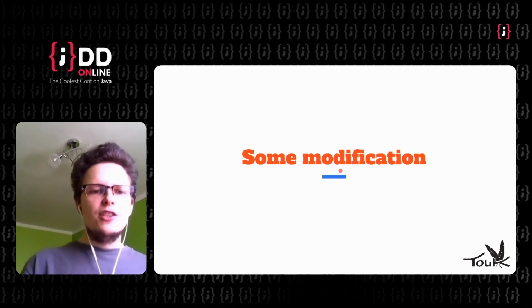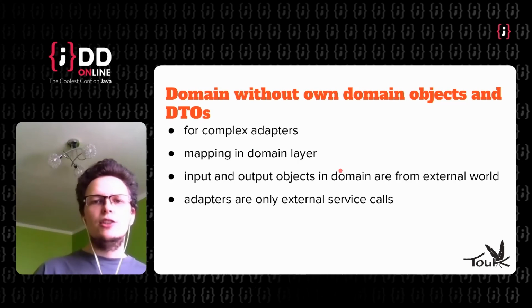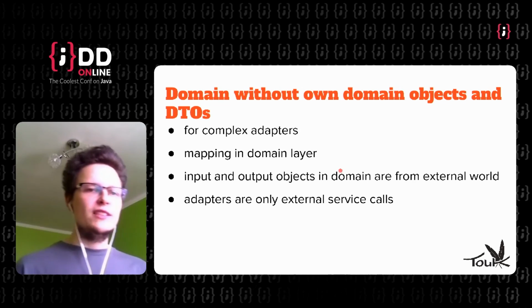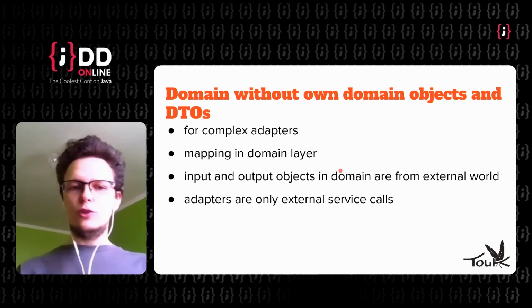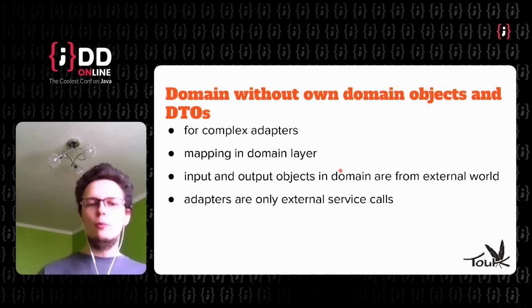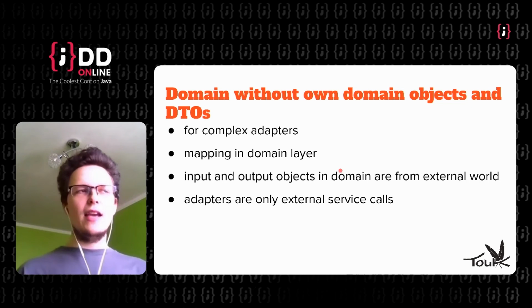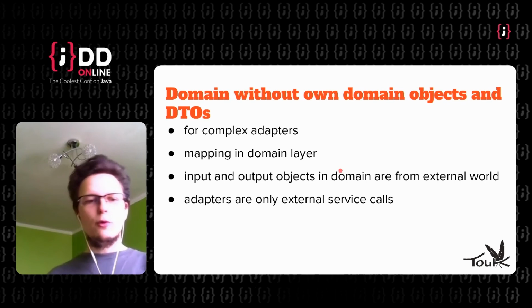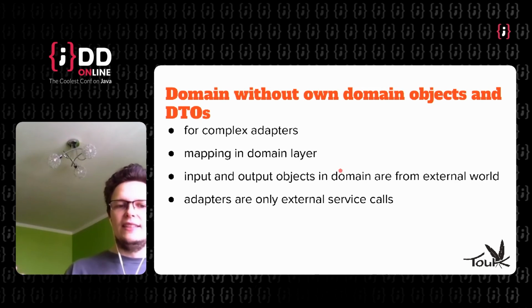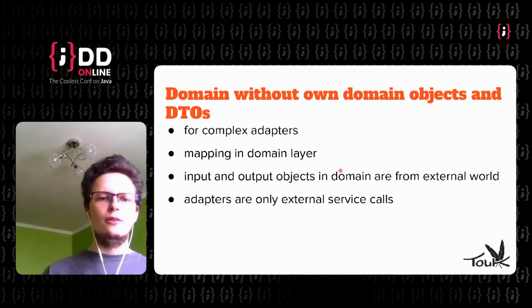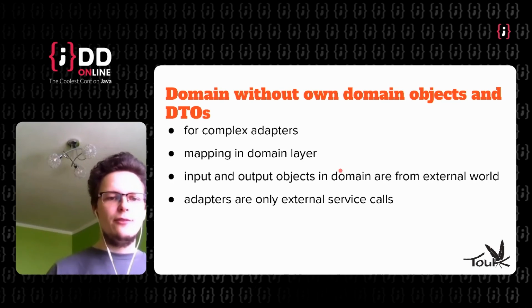There are some modifications that I want to quickly mention during this presentation. There could be a domain without its own domain objects and DTOs. It's an approach to use such architecture when we have very complex adapters. They are converting data from, for example, one REST call to some SOAP calls, and there could be really complex logic, and not just mapping that we could create in some tool like Mapforce or something like that.